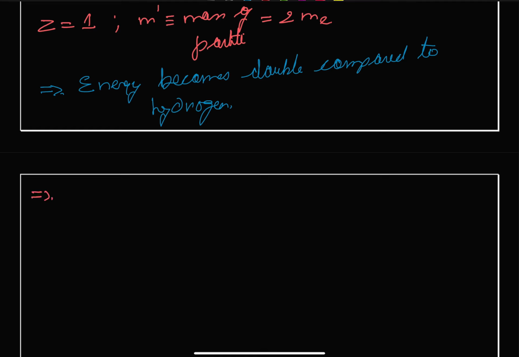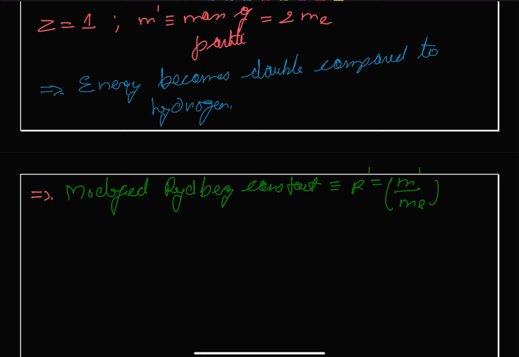So we can say modified Rydberg constant, let us call this as r prime, which will be equal to mass of the particle m prime divided by mass of electron and multiply by original constant, that is our r, and its ratio is our 2.